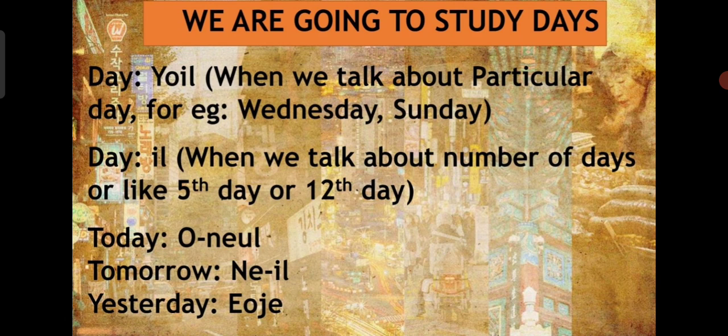So before starting Sunday, Monday, Tuesday, I would like to inform you of three other words, that is today, tomorrow and yesterday. So what is today in Korean? Onel. And what is tomorrow? Nail. And what is yesterday?